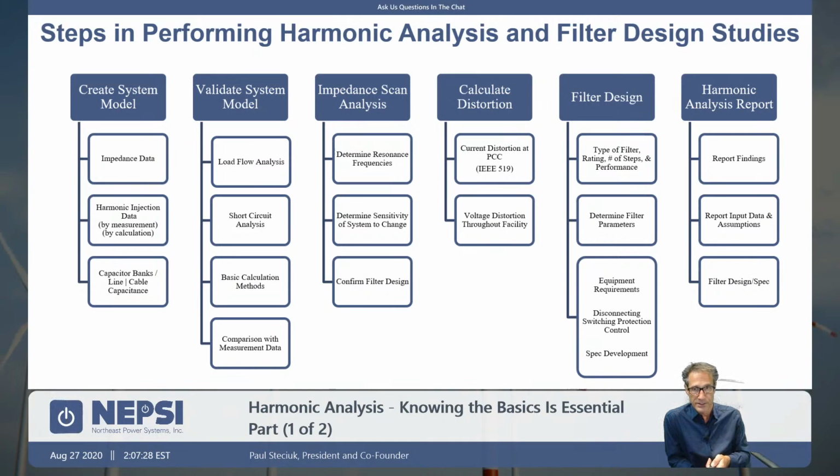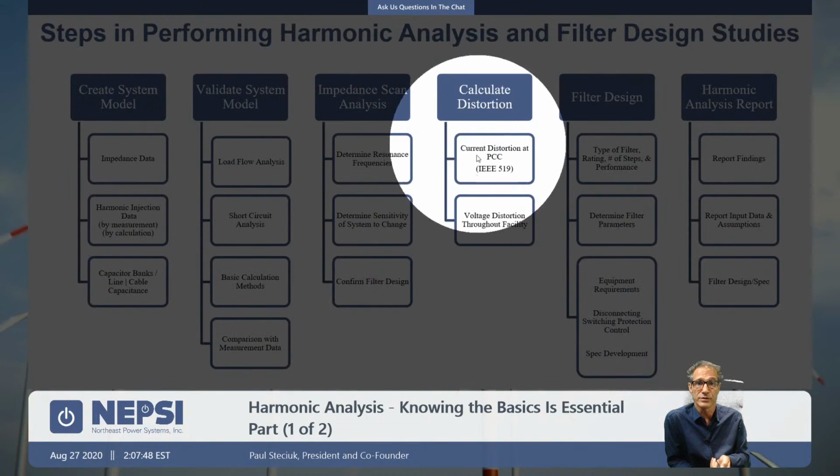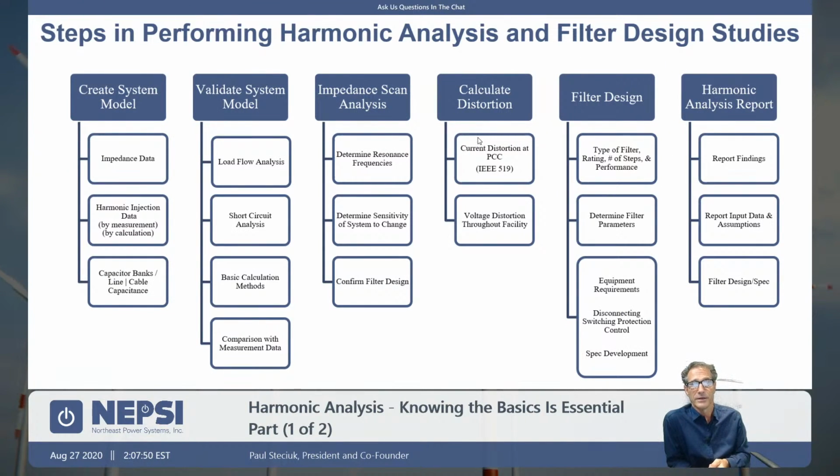So the steps here, we will go into detail, I think, in part 2 of this presentation: how we develop the system model, where we get the data, how we validate the system model, and what impedance scans are. We will be talking a lot about impedance scans today. We'll be talking about how to calculate current and voltage distortion on the system, which is really one of the key outputs of a harmonic study.